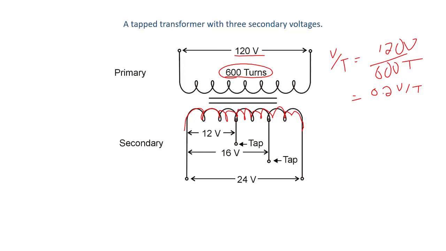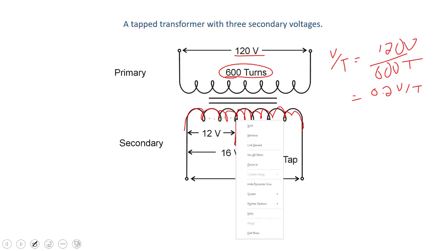But what they do is they take out a tap partway through, because there's only so many volts induced per turn. So we take off a tap a little bit earlier, and then maybe one a bit later, and one a bit later. So we end up getting a multi-tap secondary. That means we can produce a variety of voltages. So in this case, a 12 volt, 16 volt, or 24 volt output. We have a choice. It just depends which wire we want to connect up.